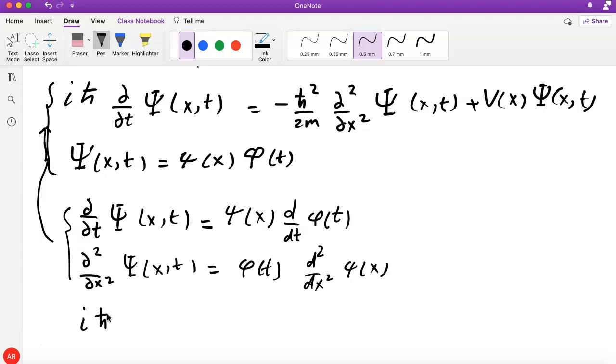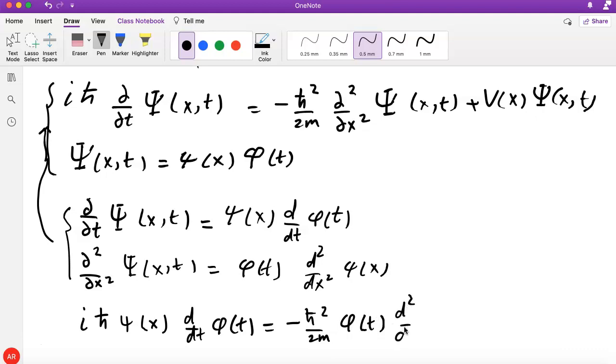So I have i h bar psi of x d/dt of phi of t is equal to minus h bar squared over 2m. Now I have phi of t, second derivative with respect to x of psi of x, right?